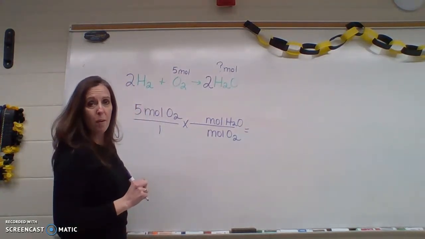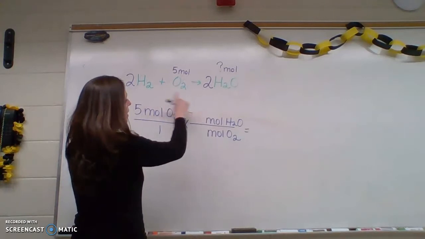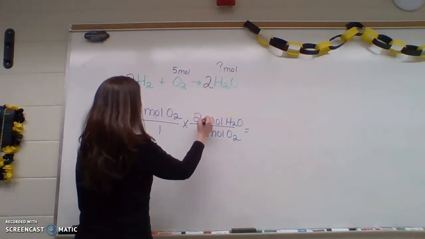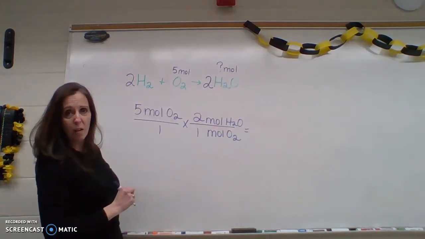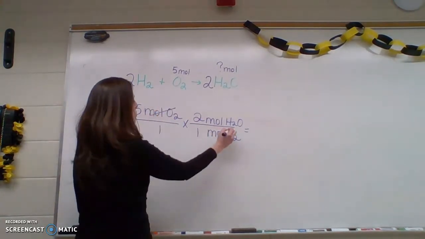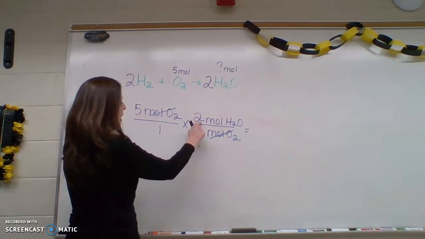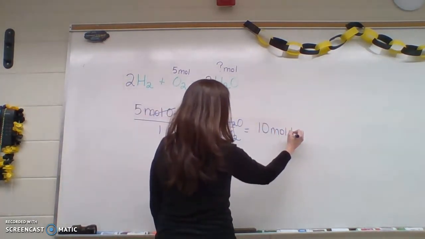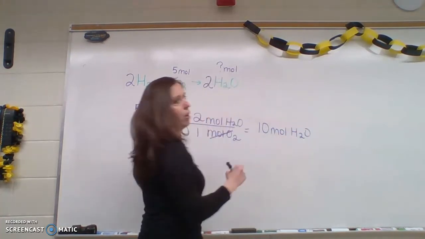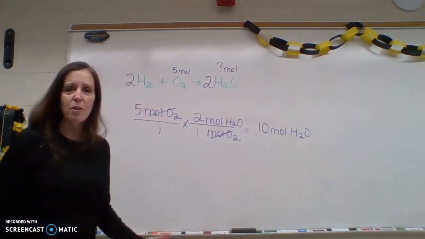Moles over moles, my numbers always come from the balanced equation. So that's a 2. Oxygen has nothing in front of it, so that becomes a 1. Those cancel. 5 times 2 is 10 moles of water. See how easy stoichiometry is?